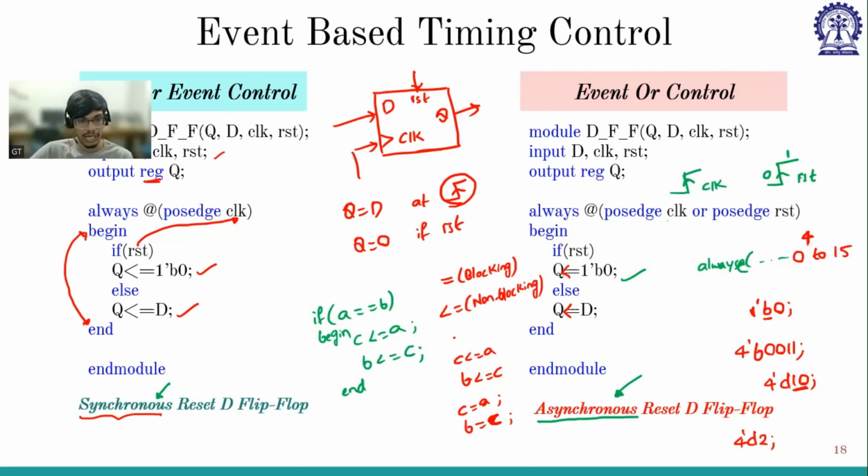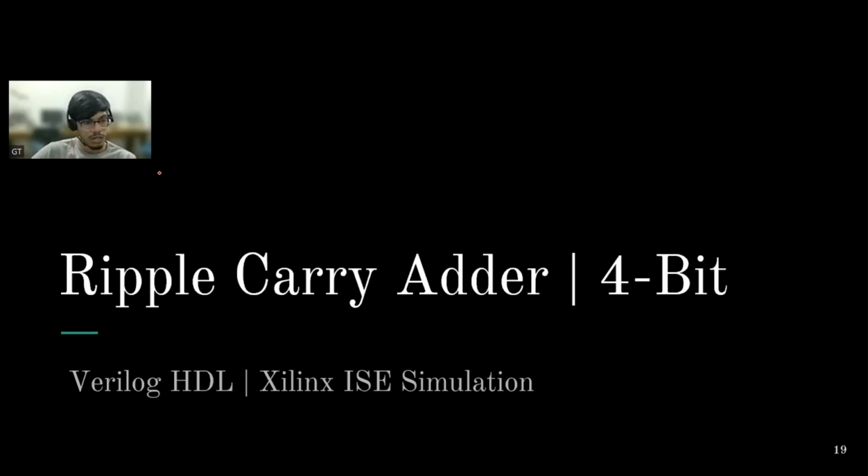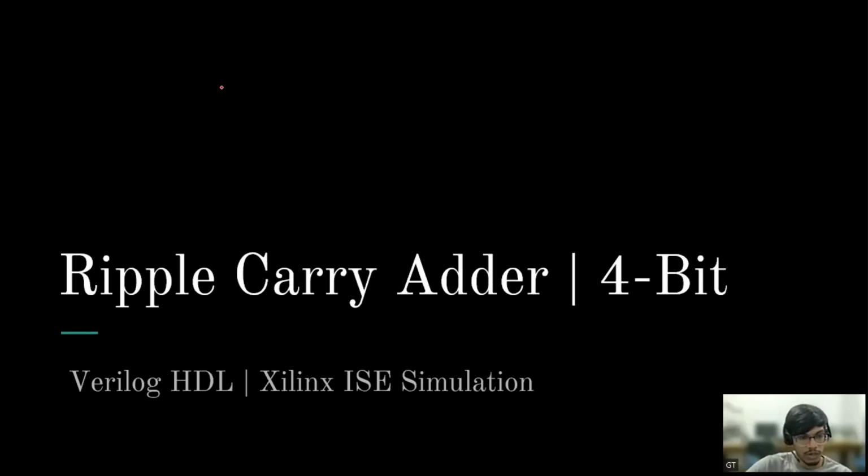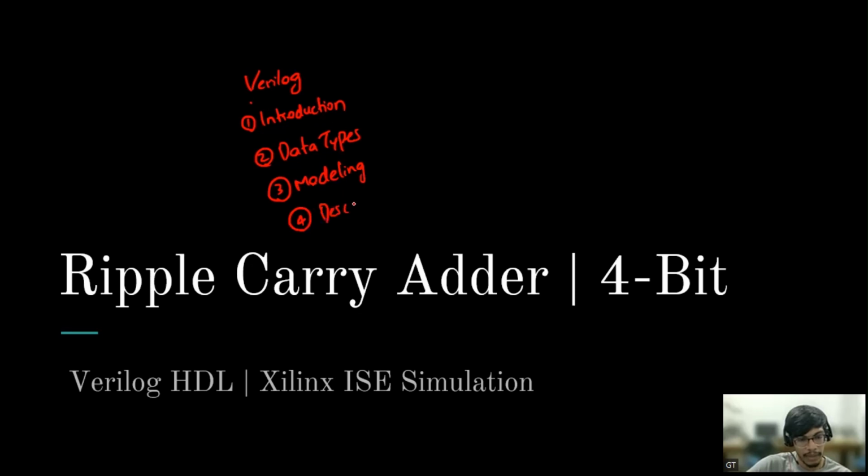So these are the events. Till this point, we have discussed Verilog. To summarize: an introduction to Verilog, then different data types and where they are going to be used, then different modeling, structural or behavioral, then description styles.